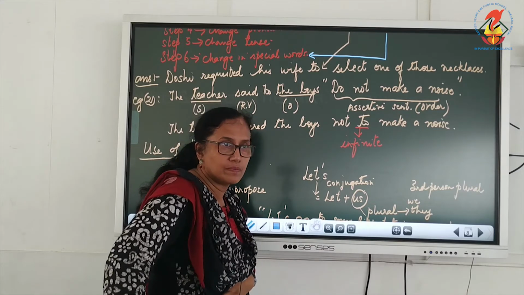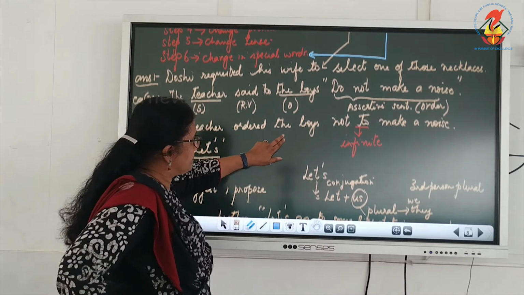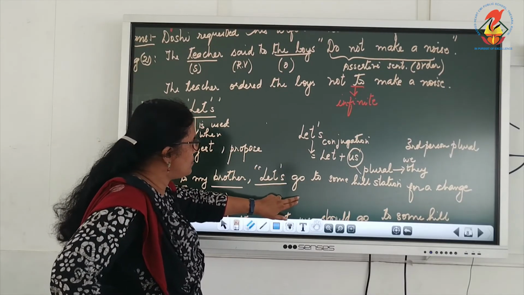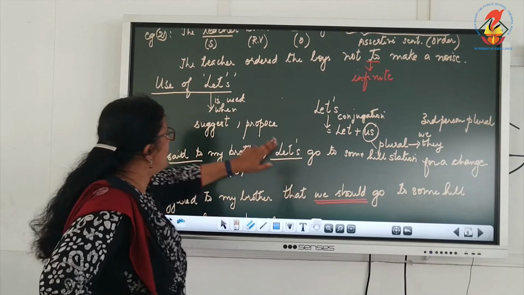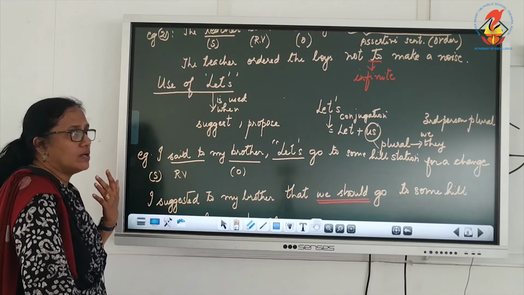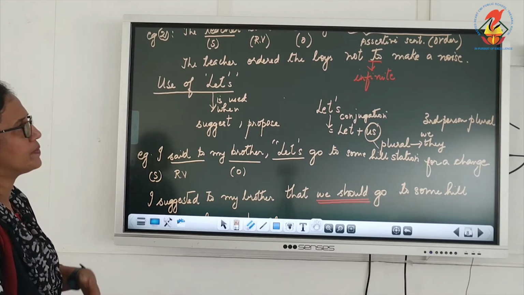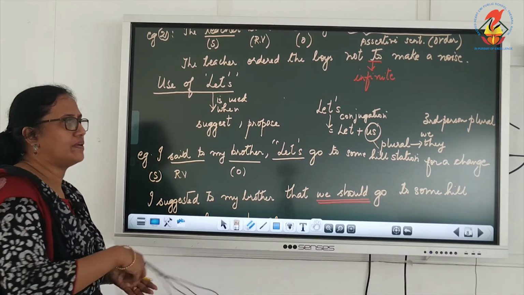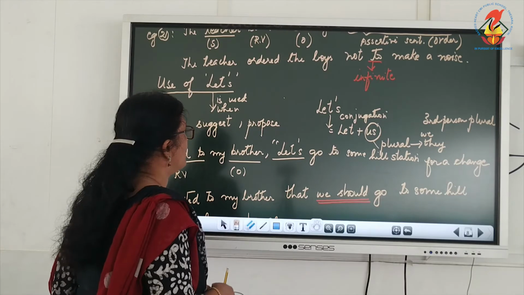It could be first person plural or third person plural. Okay. Now, when is the word let's usually used? Let's is usually used when you are giving a suggestion or you are proposing a project, finalizing a project or something, you are proposing your ideas about it.